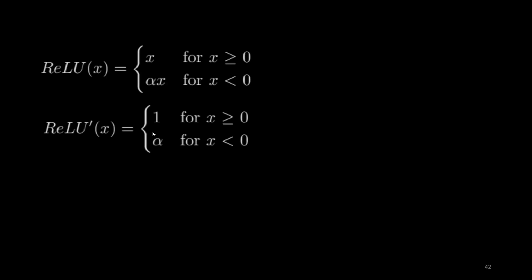So even for a negative value of x, the gradient is not 0, but a small fraction. This is the advantage of a leaky ReLU: its gradient is not 0 in both the positive and the negative direction. And the gradient is 1 throughout the positive direction, that is, when the value of x is positive.